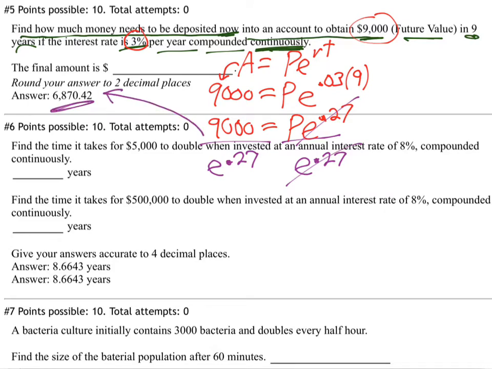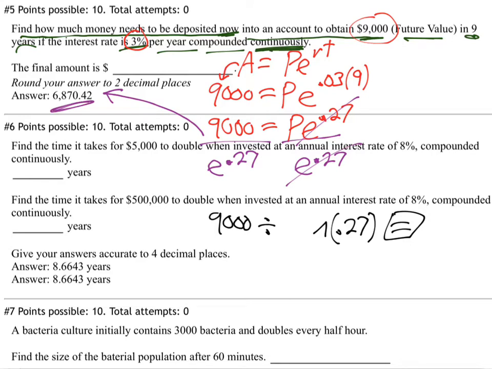Maybe it would help if I wrote out some of the calculator steps. It's basically going to be $9,000 divided by e to the power 0.27 equals. You don't really have to have parentheses around that 0.27. Oh, and to get the e, I should show you.